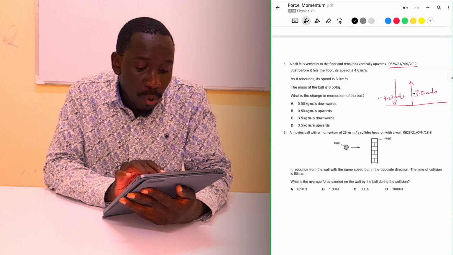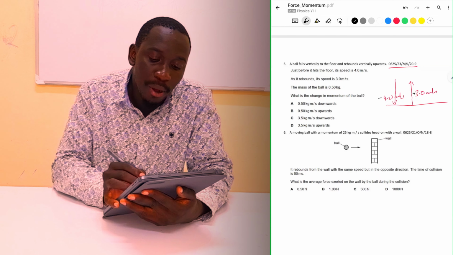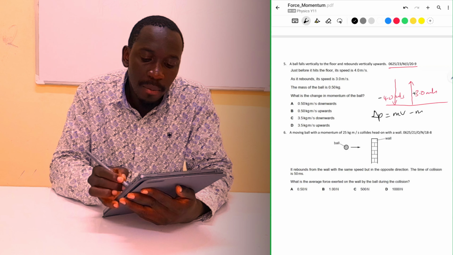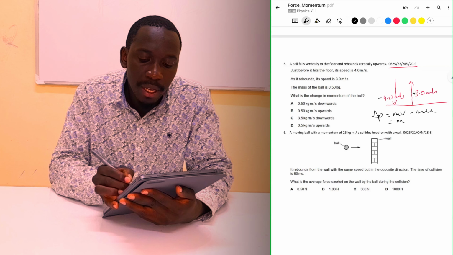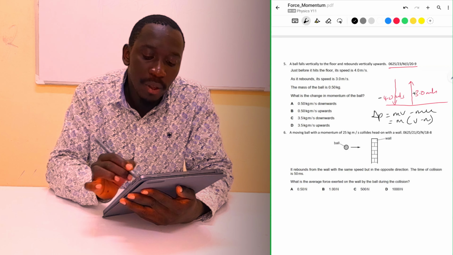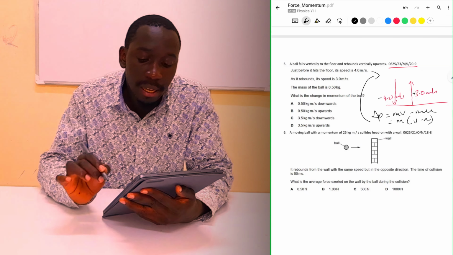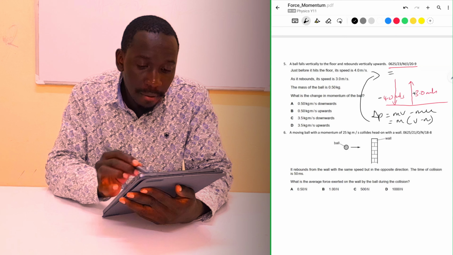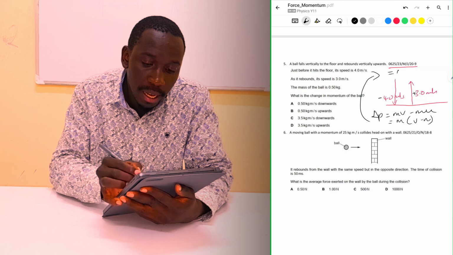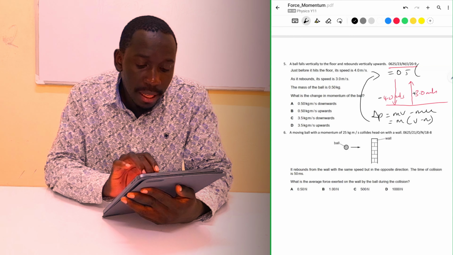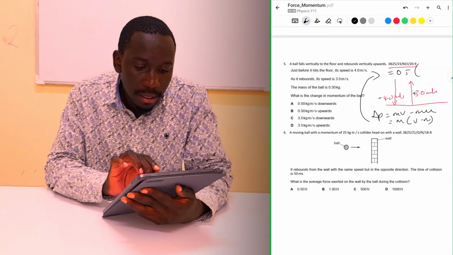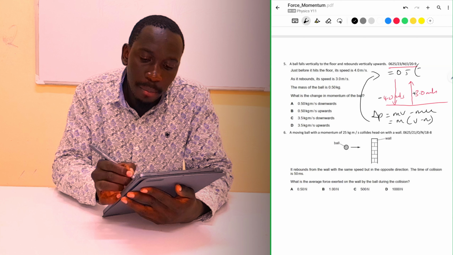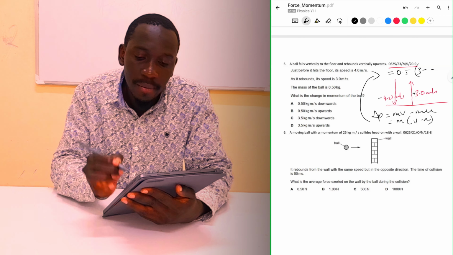So here, what is the change in momentum of the ball? Change in momentum is equal to mv minus mu. In other words, I can just have m times v minus u. So the change in momentum will be m, which is 0.5, like a half, and then the final velocity here will be positive 3 minus negative 4.